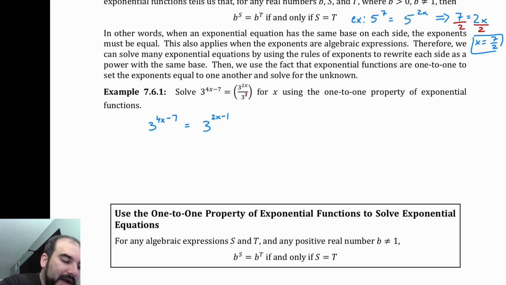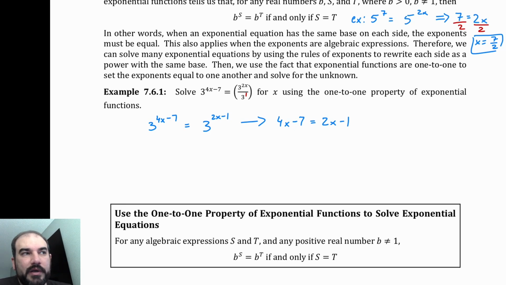Right? And now I've gotten it to a point where it's the same base on both sides, and there's nothing else to kind of dilute that situation. We have simply the same base on both sides raised to some powers. And now we can use the if and only if statement from earlier and say that this means that 4x minus 7 must equal 2x minus 1.